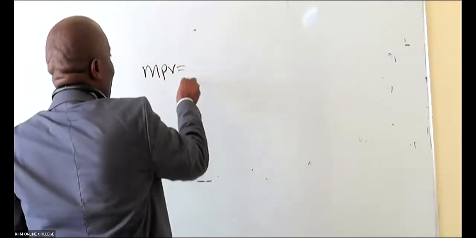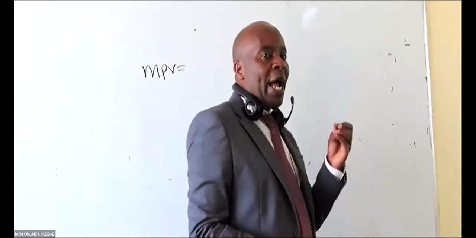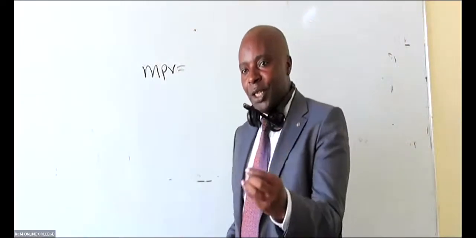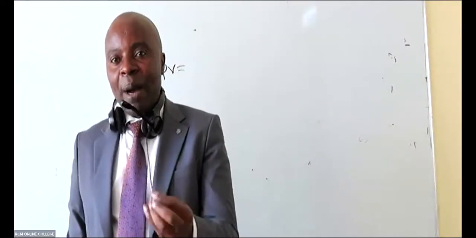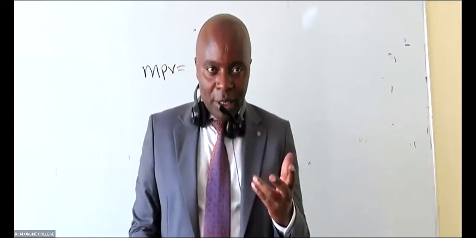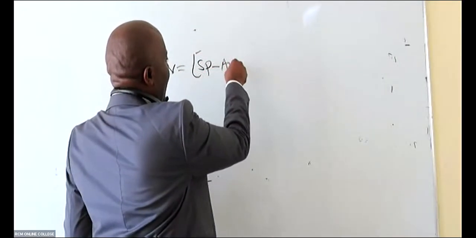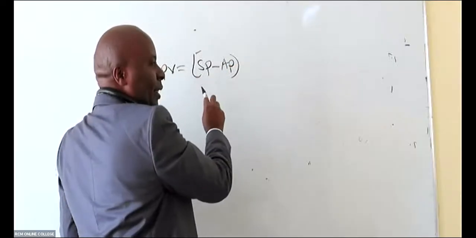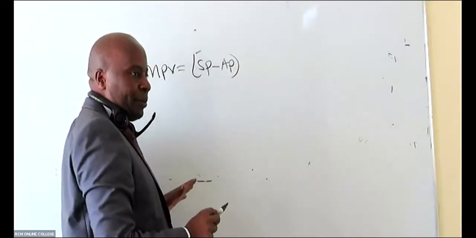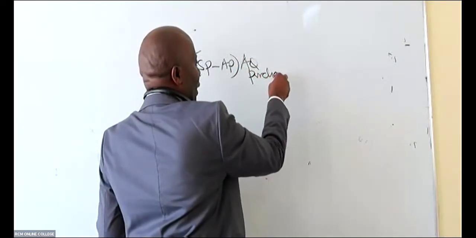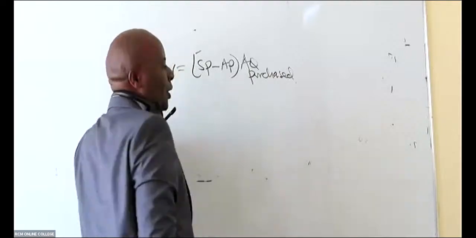Are you able to remember the formula? Difference between two prices, because it's price variation. We have the price that we thought we would have used to buy these materials. That's the standard price. So we have the standard price minus the actual price. That will be variance per kilogram, multiplied outside here by the actual quantity of materials that were purchased.